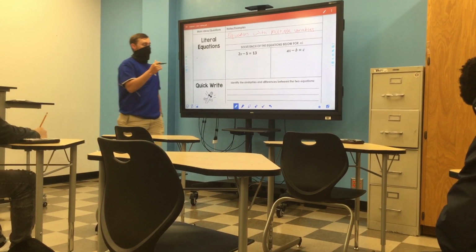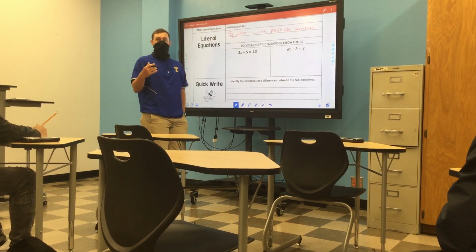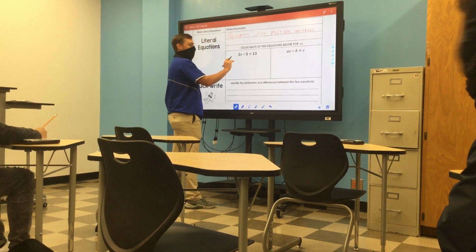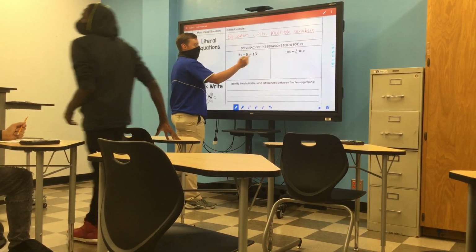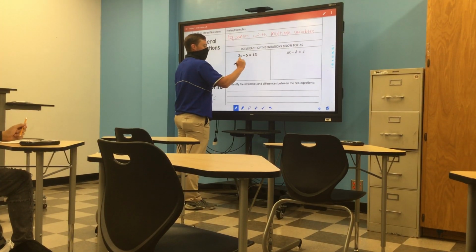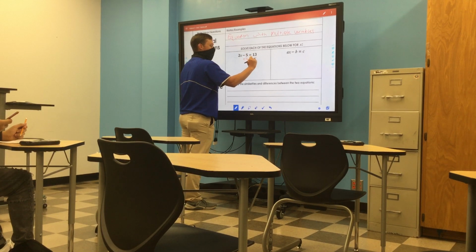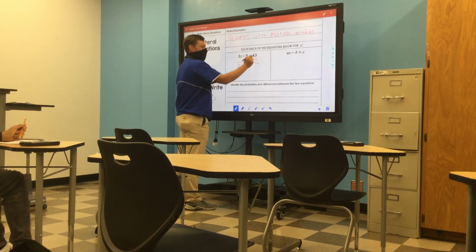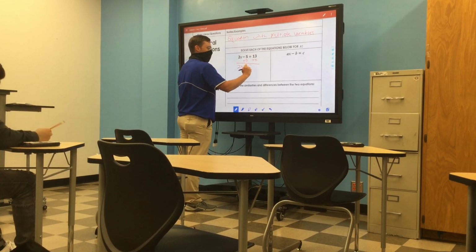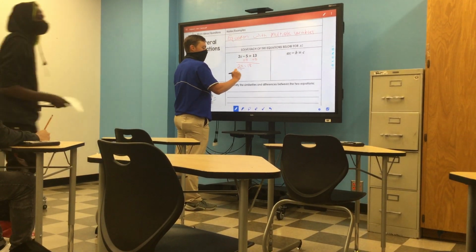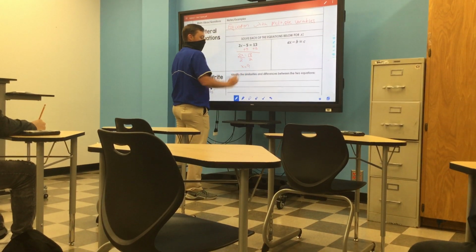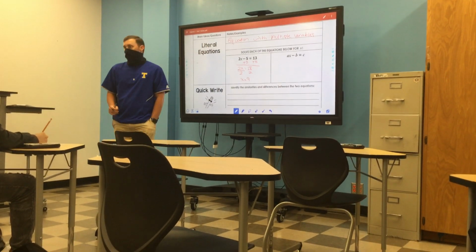All right, so we should be comfortable with this after doing up to multiple step equations, okay? So when we see a problem like 2x minus 5 is equal to 13, we'll need to add 5 to both sides. Okay, we'll have 2x is equal to 13 plus 5, which is 18. Divide by 2, and you got x is equal to 9, okay?